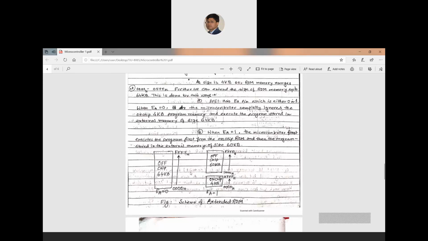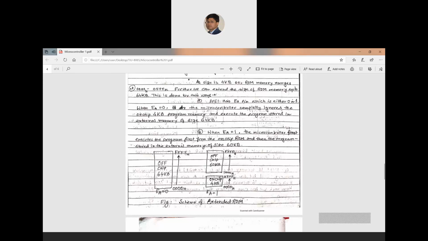So your internal ROM size is 4 kilobyte. That means the address of the first location of this ROM is 0000. The address of the last location is 0FFF. Why is it 0FFF? Because 4K means 2 to the power 2 into 2 to the power 10, so the powers are added and you get 2 to the power 12.